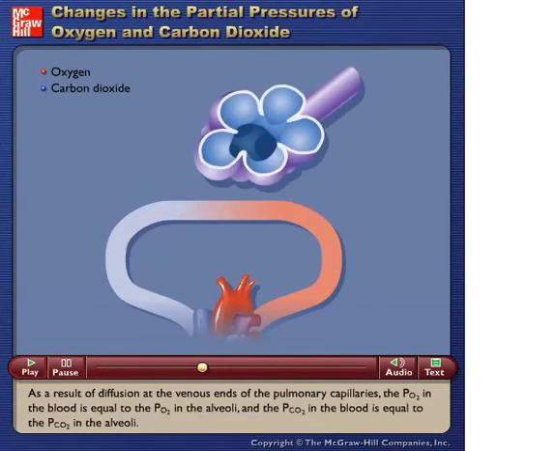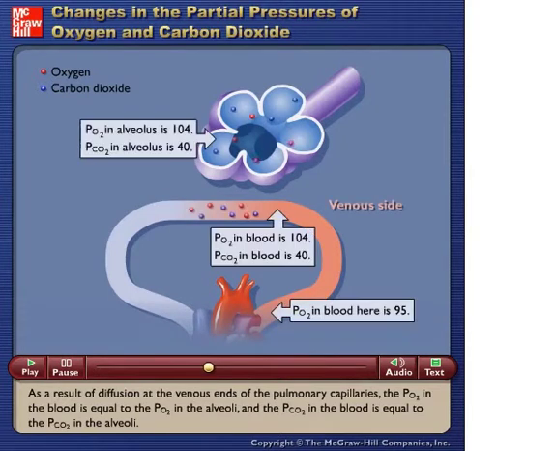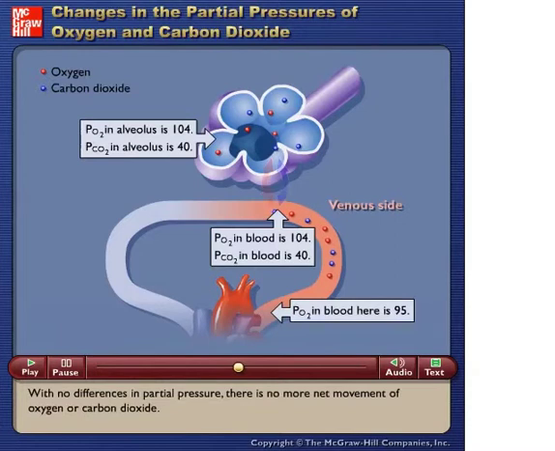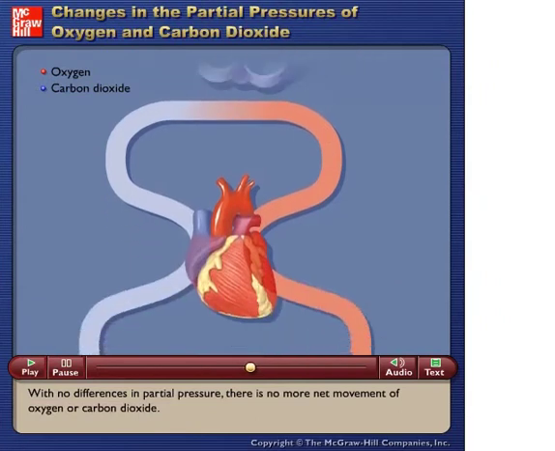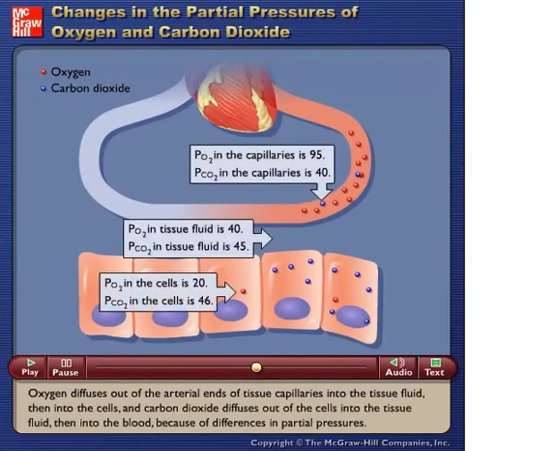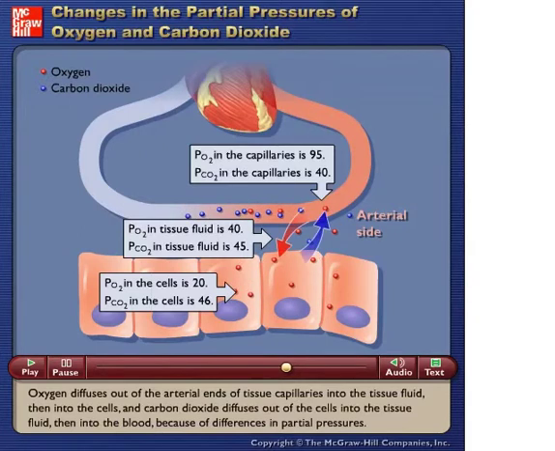As a result of diffusion, at the venous ends of the pulmonary capillaries, the PO2 in the blood is equal to the PO2 in the alveoli, and the pCO2 in the blood is equal to the pCO2 in the alveoli. With no differences in partial pressure, there is no more net movement of oxygen or carbon dioxide. Oxygen diffuses out of the arterial ends of tissue capillaries into the tissue fluid, then into the cells, and carbon dioxide diffuses out of the cells into the tissue fluid, then into the blood because of differences in partial pressures.